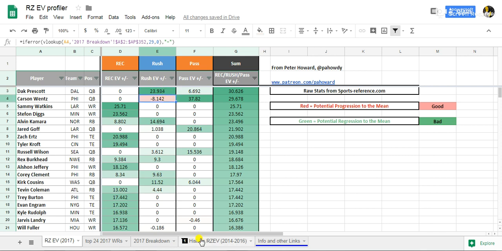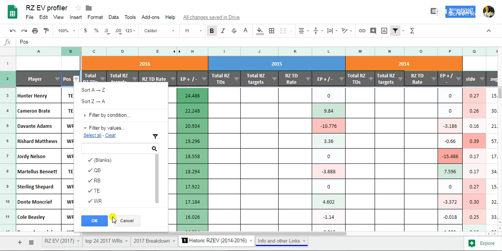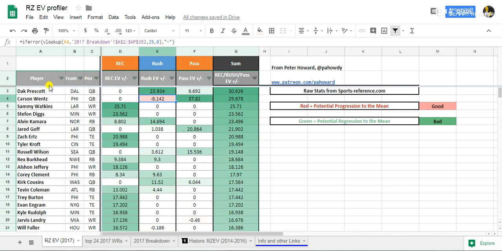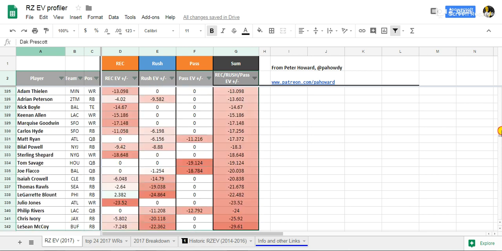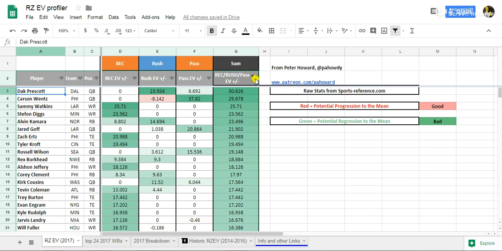One thing you can do is just go to the historic Red Zone and maybe look at quarterbacks, right? Quarterbacks generally over or under in rushing. If there's a pattern or a trend there, or if Dak Prescott's particularly got a trend, you can start to evaluate this number even further. For example, Julio Jones, who's often mentioned as someone who always underperforms in the red zone, and that's typically true.